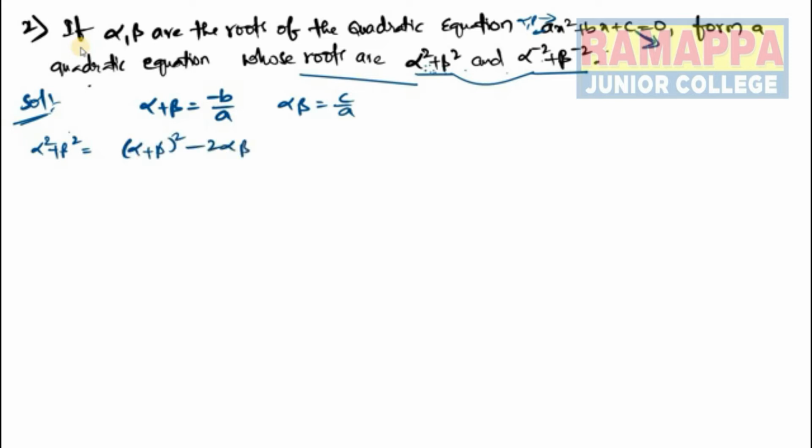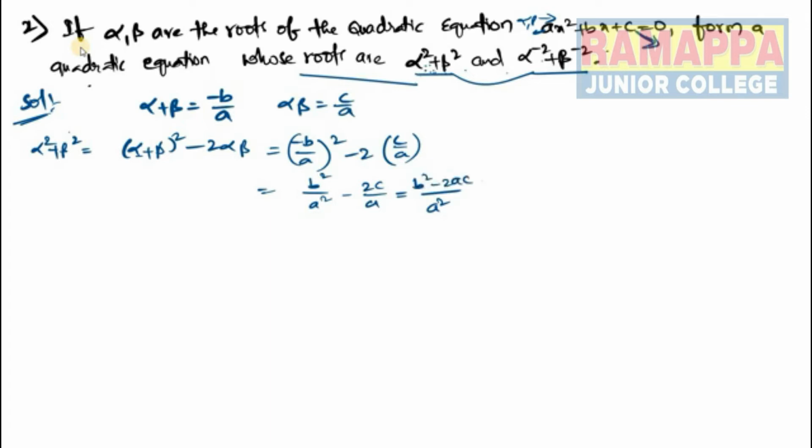Alpha plus beta is given as minus b by a, so minus b by a whole square minus 2 into c by a. It will become b square by a square minus 2c divided by a, so here it will become b square minus 2ac over a square.